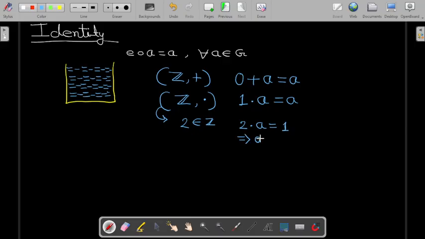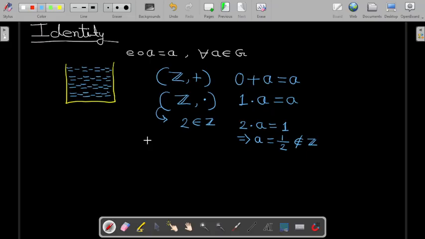You will get A equals 1 by 2. But you see that 1 by 2 doesn't belong to the integer set. So you can't find the inverse of every element in this structure. So this is not a group at all. So for an additive group, 0 is the identity element. For any algebraic structure with respect to multiplication, 1 is the identity element. So the identity element can be of many types.